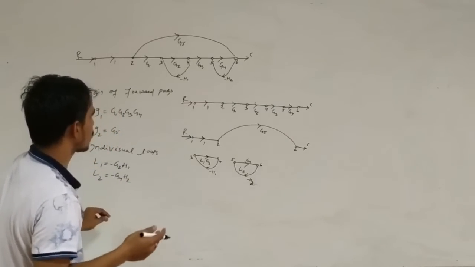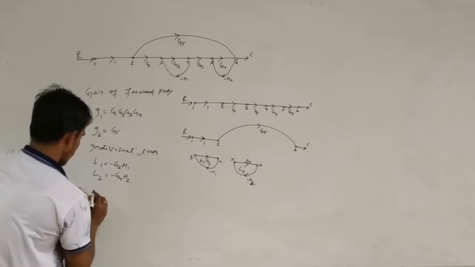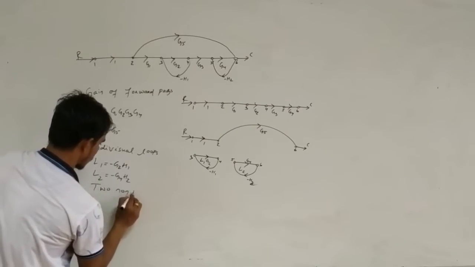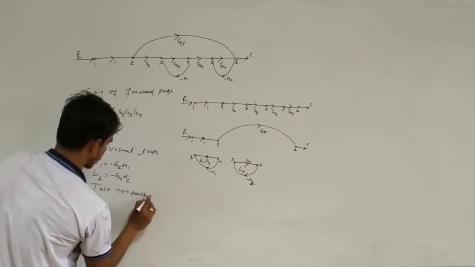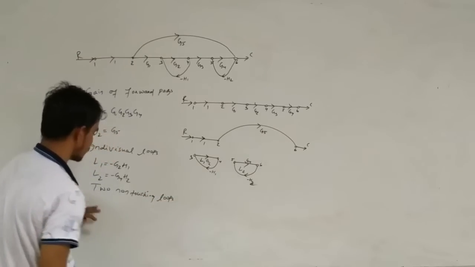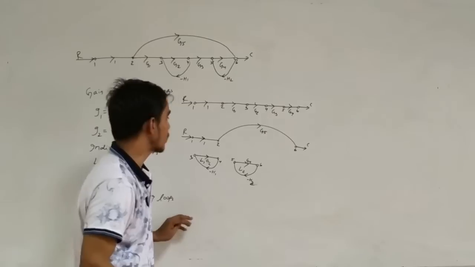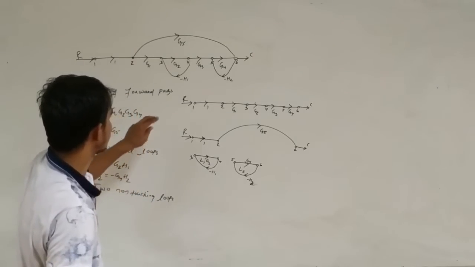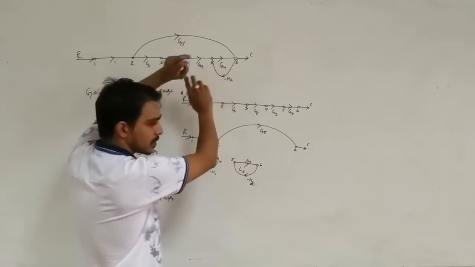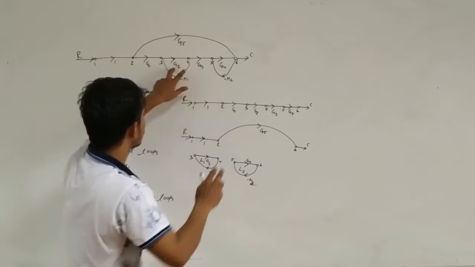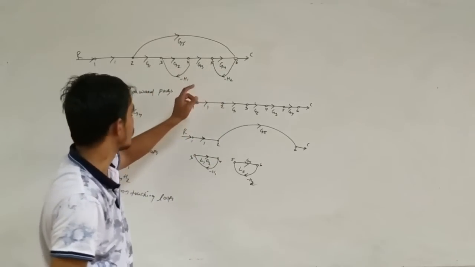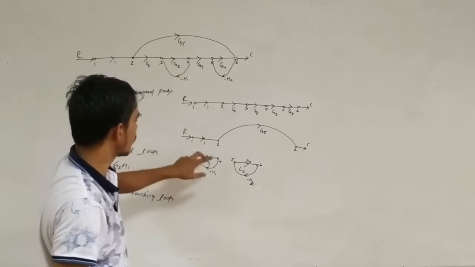Now we have to consider two non-touching loops. See, this loop and this loop are not touching each other. So what will be the loop gain?